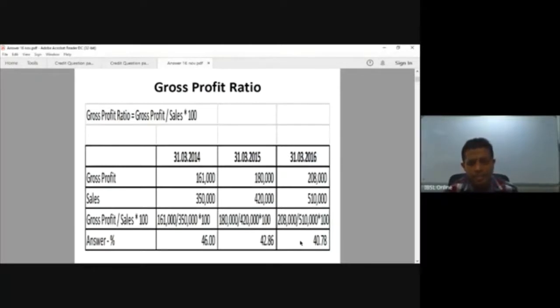Right. Then answers will be 46%, 42.86%, then 40.78%. That is almost 46%, 43%, and 41%. There is a slight decline trend, but more or less it is above the 40% mark. We will make our comments at the latter part after we compute all the ratios.